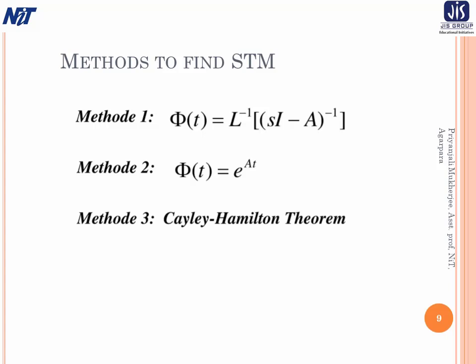So the Laplace method is phi of t equal to e to the power At, or Laplace inverse of (sI minus A) inverse, and (sI minus A) inverse can be obtained as the adjoint of (sI minus A) by the determinant of (sI minus A). The power series method is e to the power At equal to the identity matrix plus At plus A squared t squared by 2 factorial, like this. And the third one is the Cayley-Hamilton theorem.